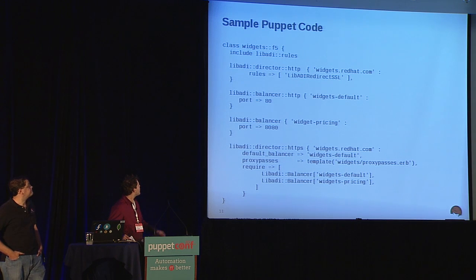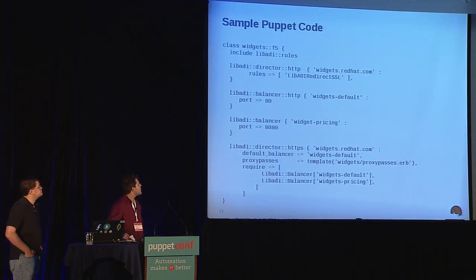Some other points that are interesting here are the include statement at the top, libadi rules. Essentially what we've done is we provided a class that will land some of the very basic default things that we are using within our F5 all the time.